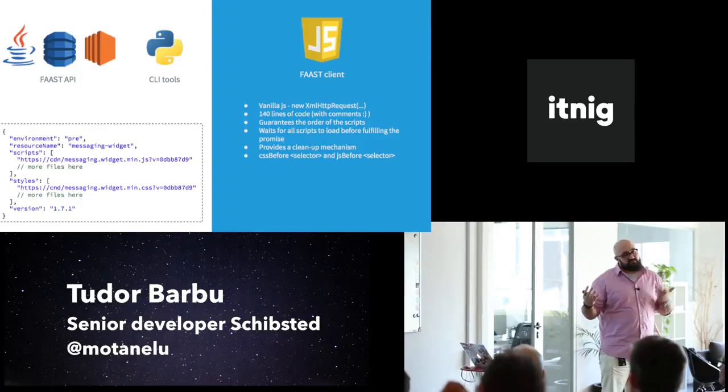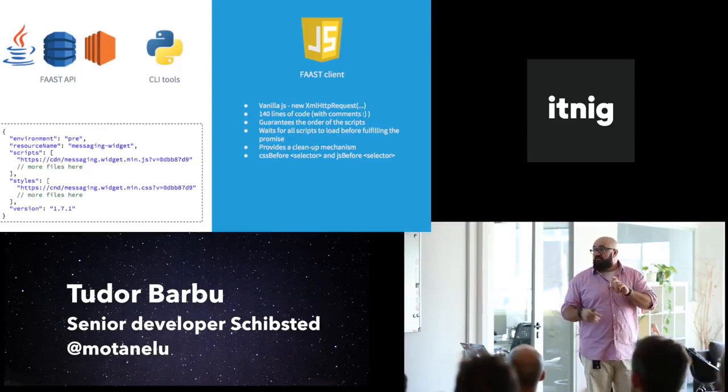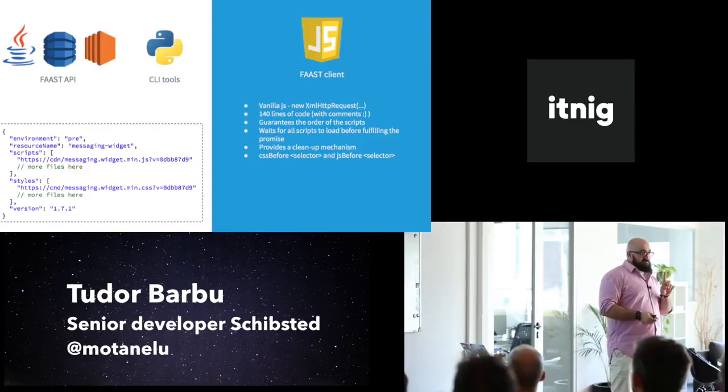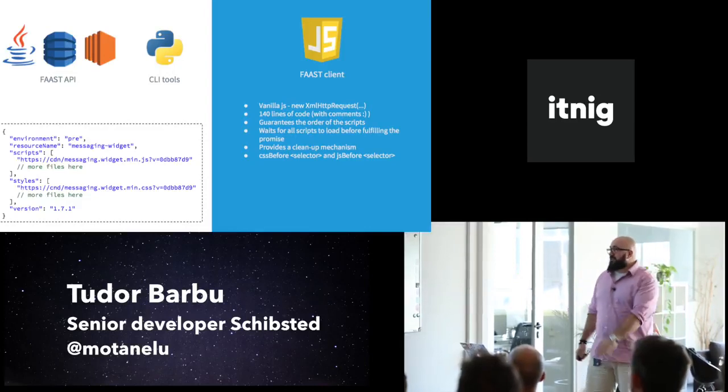They said, dude, we don't like it because we don't control what happens in our site. And it's going to be slow because you need to load the FAST client first. So I had 1 kilo. It's like, OK, this client needs to fit 1 kilo. Otherwise, we're not injecting it in our site. So 140 lines of code, minified and uglified, 1 kilo.